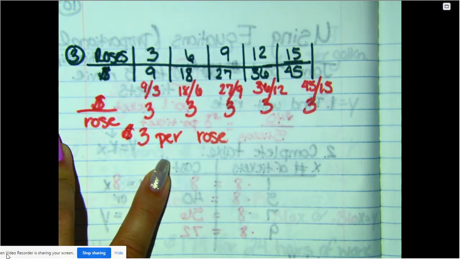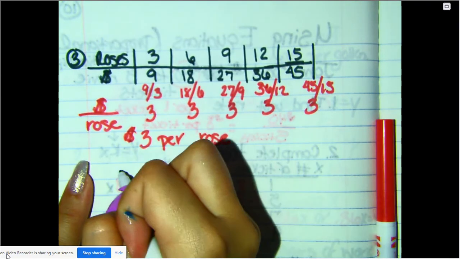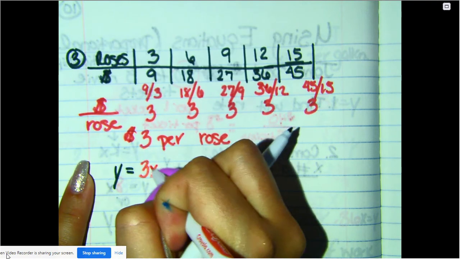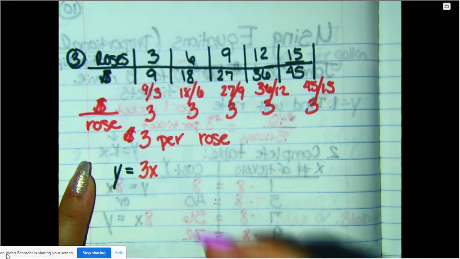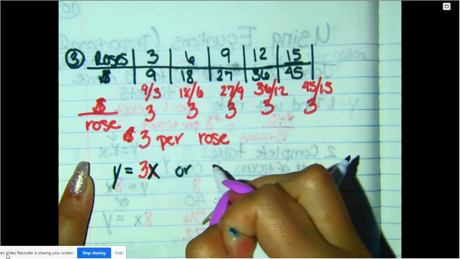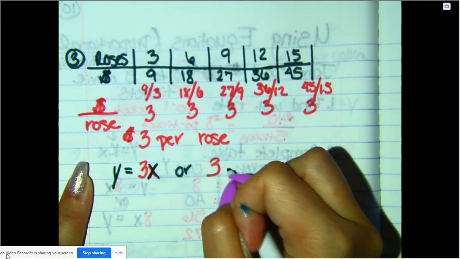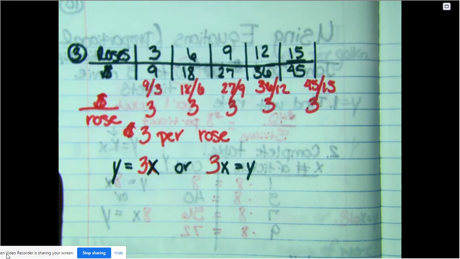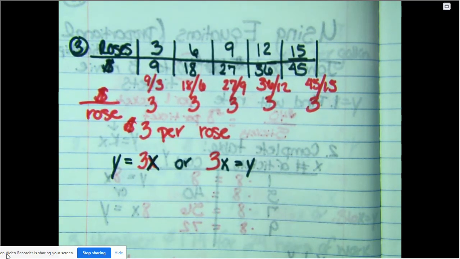Okay, so let's say I have my unit rate. I'm putting it into my equation. Y is equal to 3x, or 3x is equal to y. Okay, from here, I'm going to figure out additional values that were not given in my table.